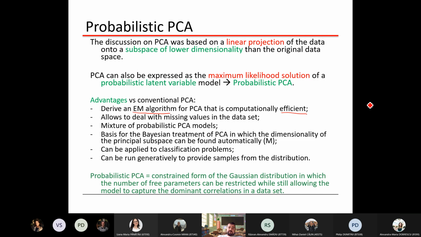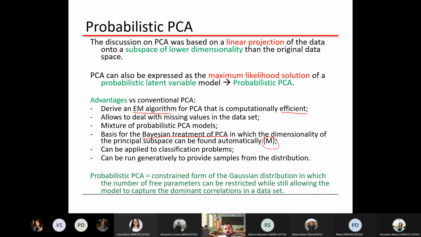We can use a mixture of probabilistic PCA models. Another important thing is that we can apply the Bayesian treatment of PCA, which allows us to identify automatically the value of M, as I told you in the beginning. Moreover, we can apply probabilistic PCA to classification problems. We can run it generatively to get samples from the distribution and so on.